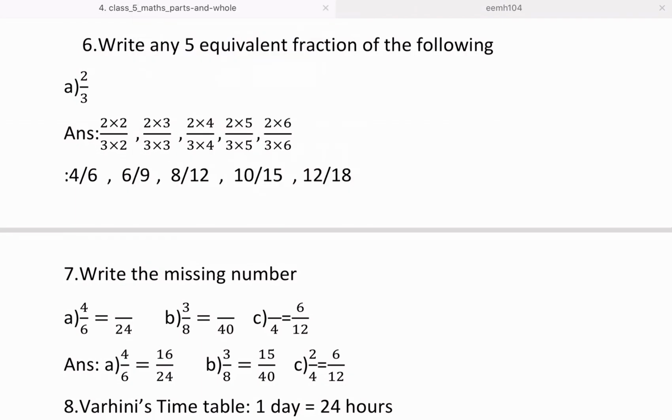Suppose this is a bread and this is also a bread of the same type, and if we break this one into 4 equal parts and this one into 8 equal parts.